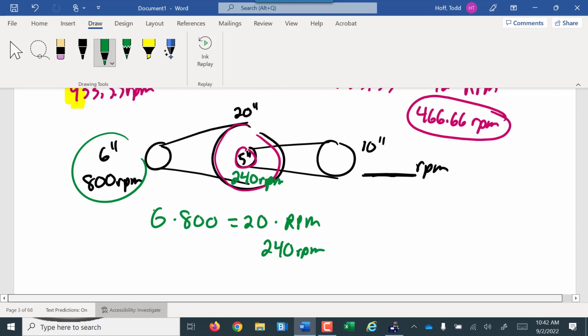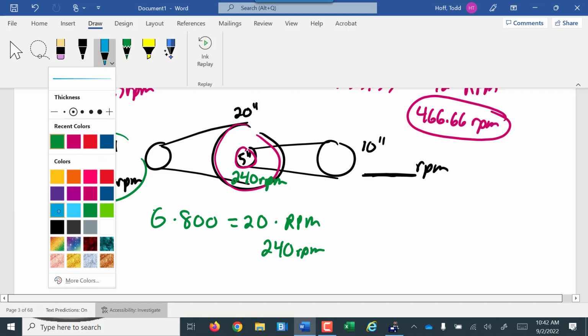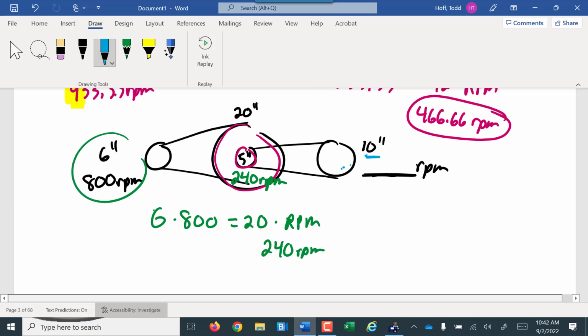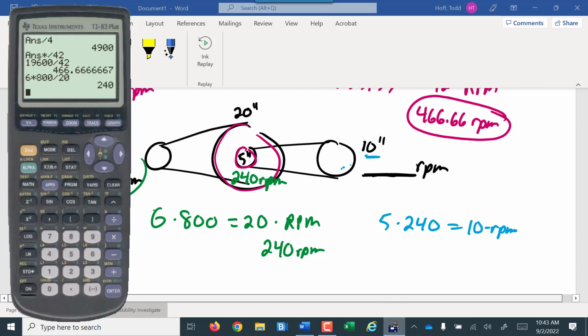And because they are connected that way, both the 20-inch and the 5-inch turn at 240 RPM. So now, what do we do to get to the RPM for the 10-inch? 5 times 240 divided by 10. Good. So we get 120. You got it.